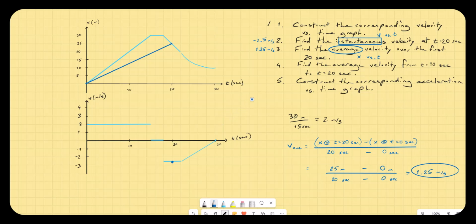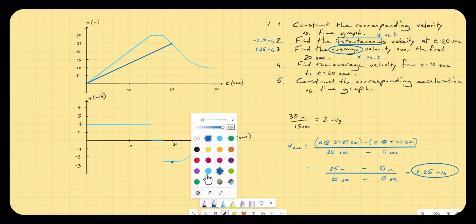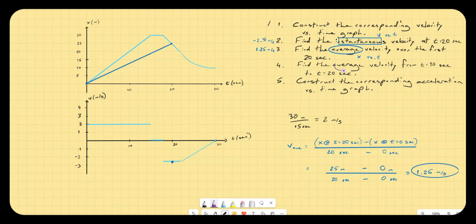Next, I want to find my average velocity from t equals 10 seconds to t equals 20 seconds. I'm going to change color because this is going to start to be a very busy picture otherwise. I'm looking for an average, so I again want to look at my x versus t graph. From 10 seconds, I'm here, to 20 seconds, I'm there. So I want to connect these 2 points with a straight line.